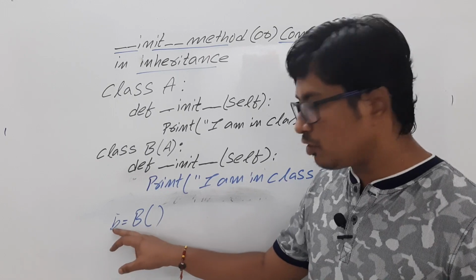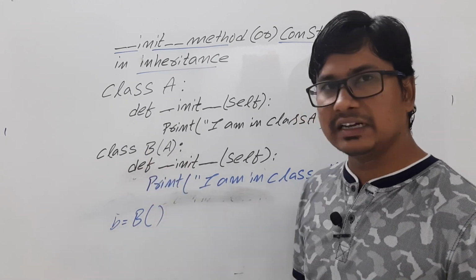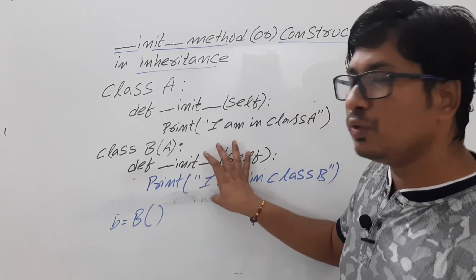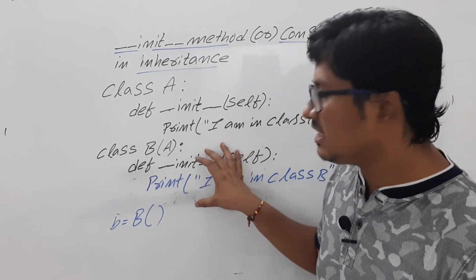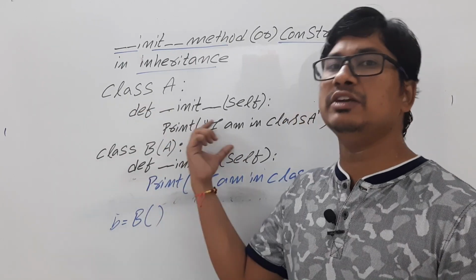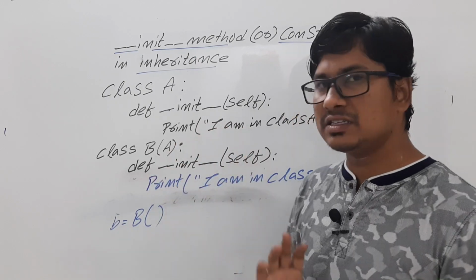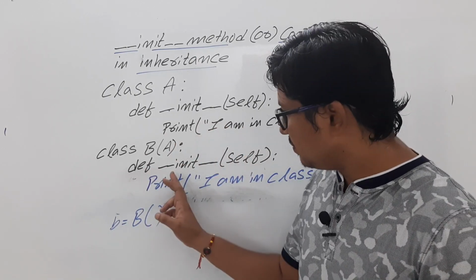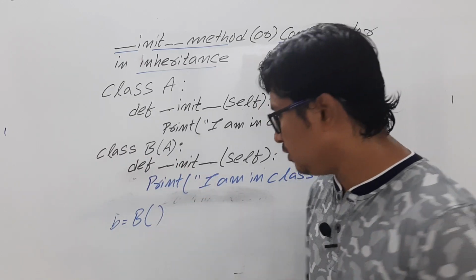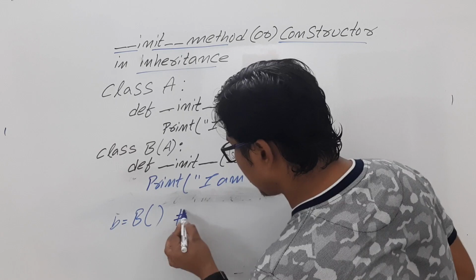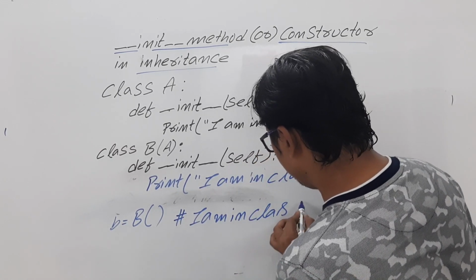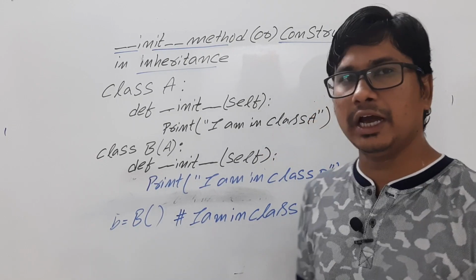As you have created an object for the child class, and as the child class also has the init method, this one only will be invoked. If the child class does not have the init method but the parent class has it, then the parent's will be invoked. If the child class and parent class both have it, then only the child class init method will be invoked. So you will get the output as I am in class B. I hope it is clear why you are getting only I am in class B.